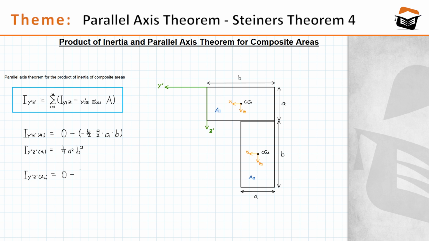And then minus, what is y sub cg prime? Let's see. The origin of the reference coordinate system is here, and the y prime distance between that origin and the centroid of area 2 is this distance, the one that I'm showing with the hand.